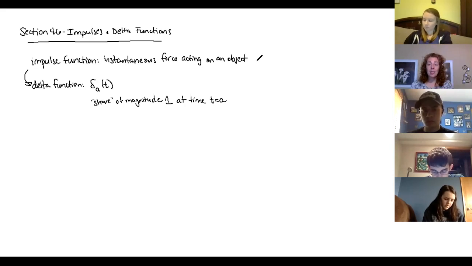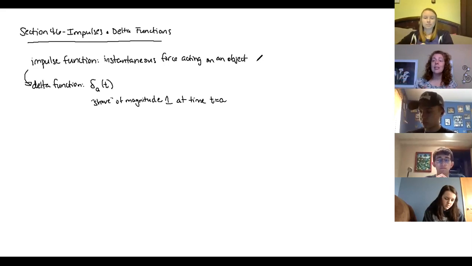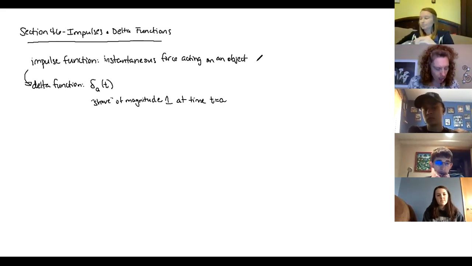I have to tell you how this function is defined mathematically, but that's what this function is indicating. You're going to shove an object with magnitude 1, whatever 1 means in terms of the units you are using for your problem, and we're doing it at time t equals a.